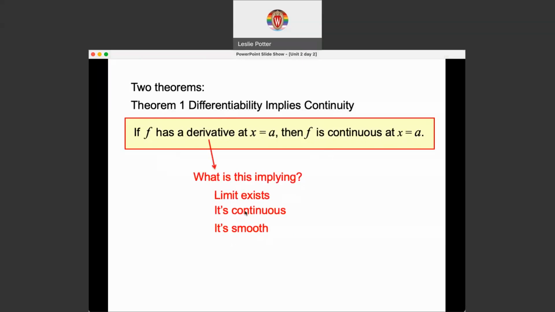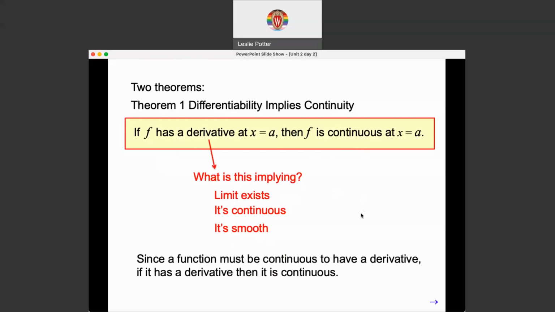Since a function must be continuous to have a derivative, if it has a derivative, then it's continuous. So that's why we say differentiability implies continuity. If I can find the derivative, then I know I have a continuous function at that point.